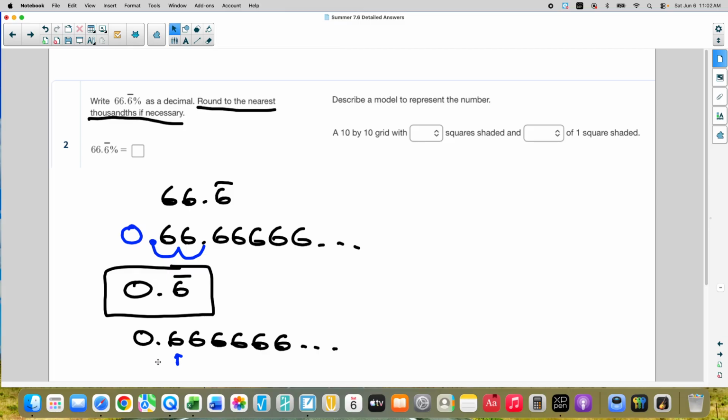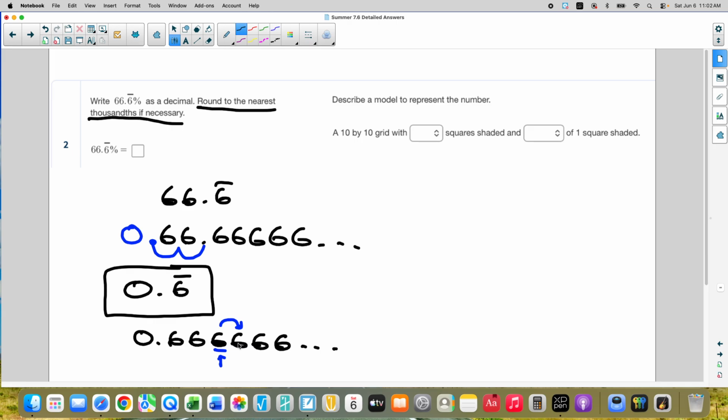So let's look at this. This is the ones place. This is the tenths, the hundredths, and the thousandths place. So when we round to the nearest thousandths place, we're going to round to this location, but we have to look to the right to see if we're going to round this number up or hold it at 6.